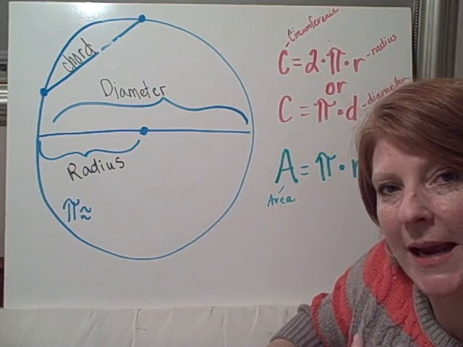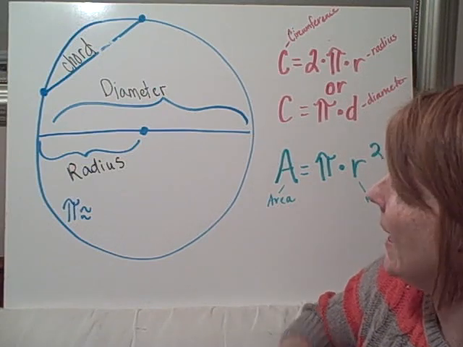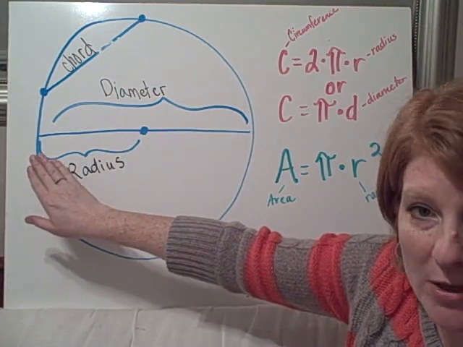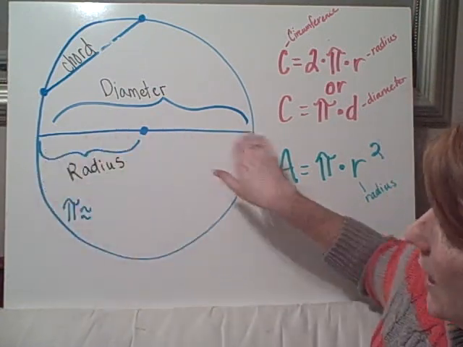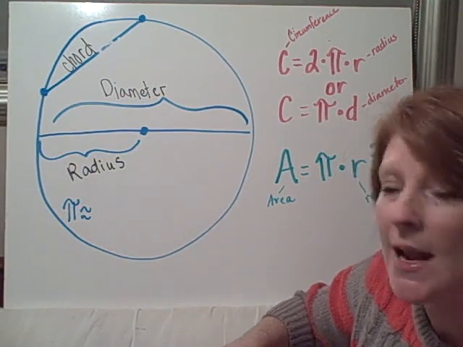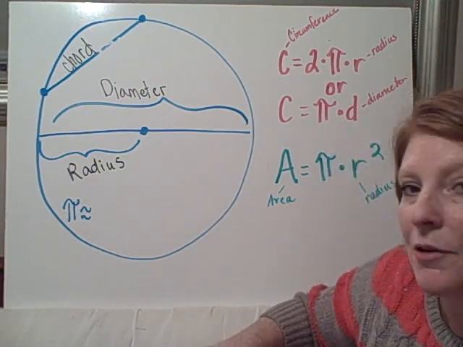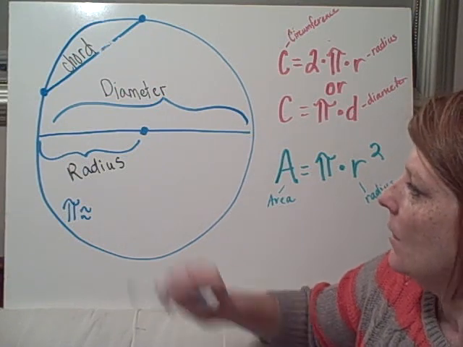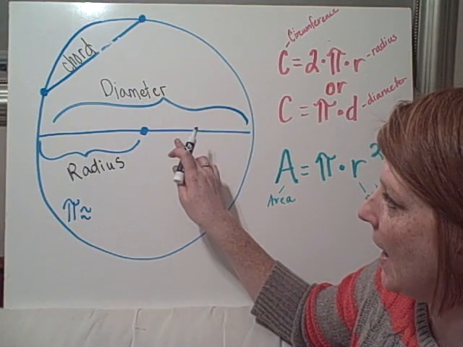Going back to a chord, look at a diameter. A diameter touches two points on the circle, and it does go all the way through the center, but a chord doesn't have to. A diameter is also considered a chord. It's actually the longest chord in a circle. Radius is obviously half of the diameter.